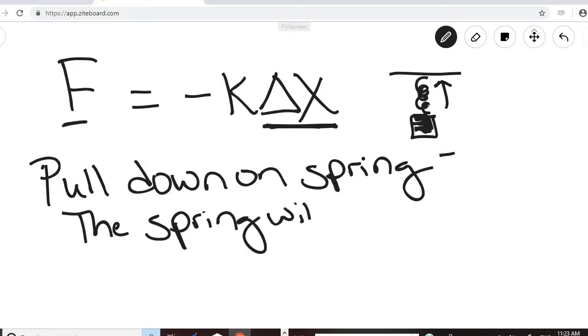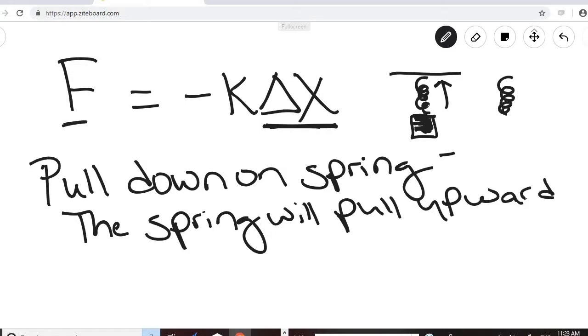If we were to compress the spring by pushing up on it, then the spring would push downward. So the force is always applied in the opposite direction to the displacement.